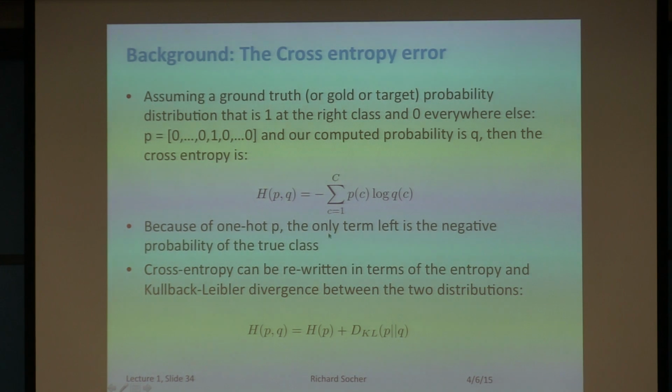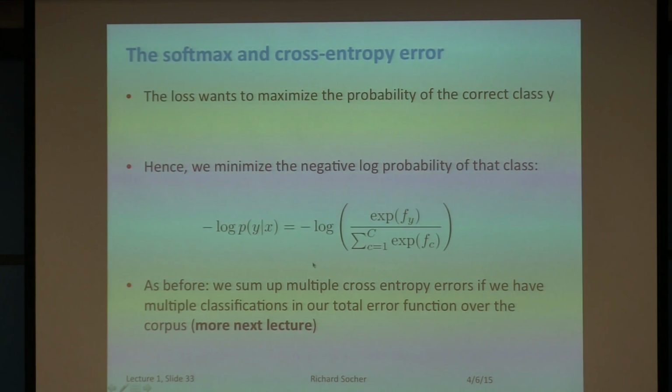Because of our one-hot p, the only term that is left in this sum is the negative log probability of the true class. For everything that's not a person, not a location or something, p of c will be 0. So the cross entropy for these two distributions is essentially exactly this term right here.